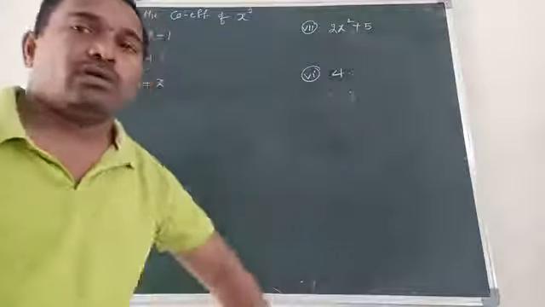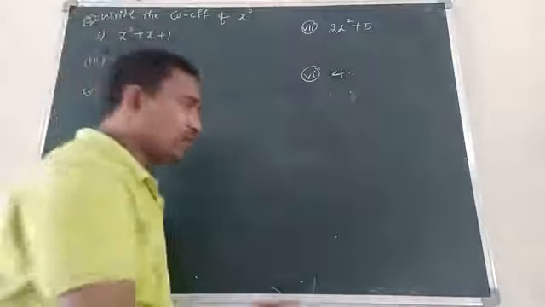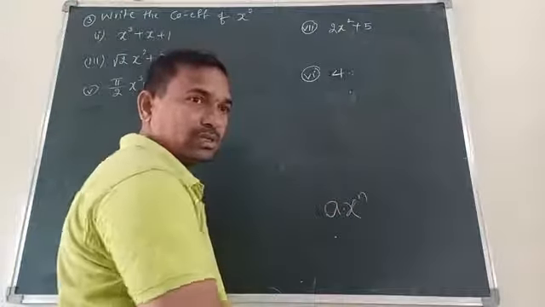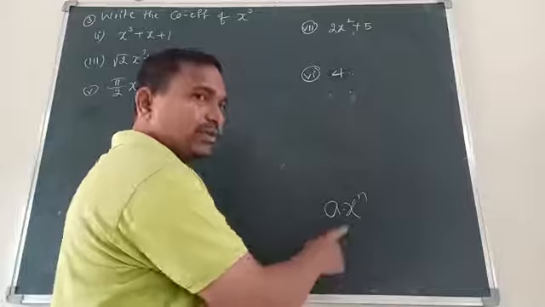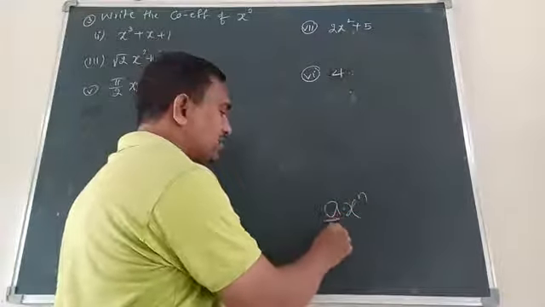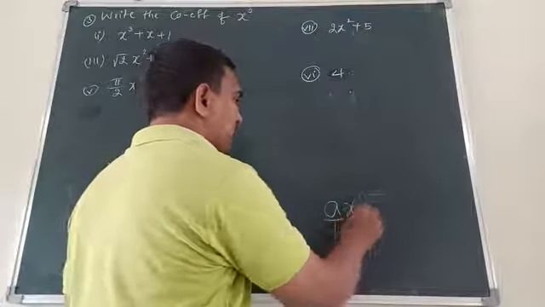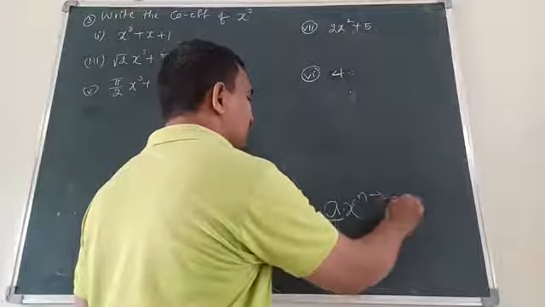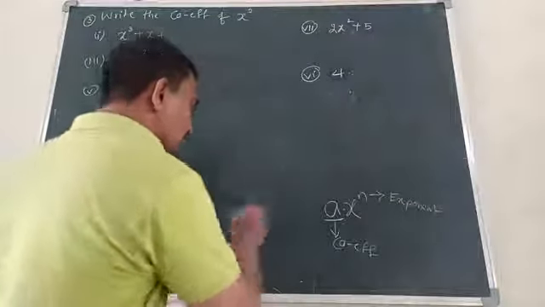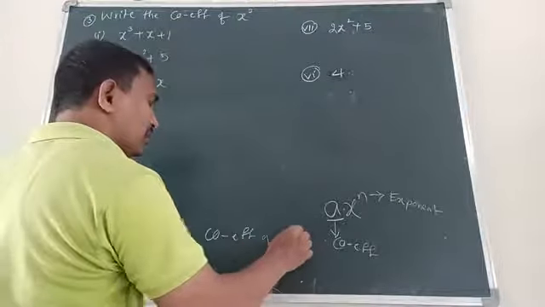First, you have to know what is the coefficient, what is the exponent. I will explain. a into x power n is a term, one term. a is the coefficient, n is the exponent of x.